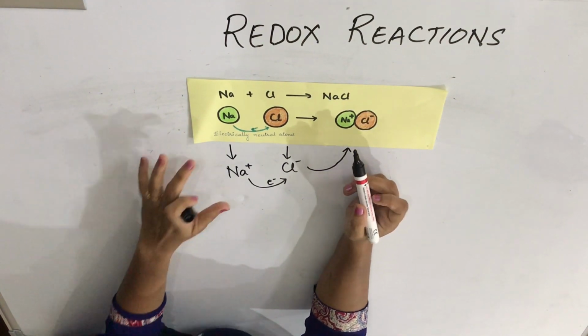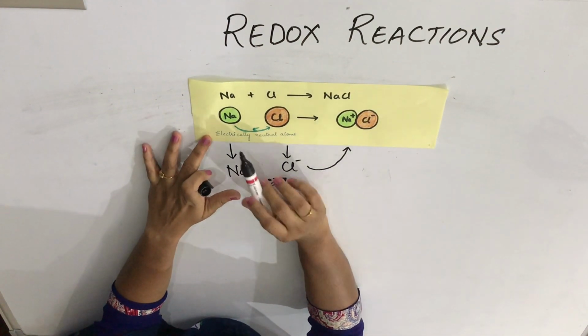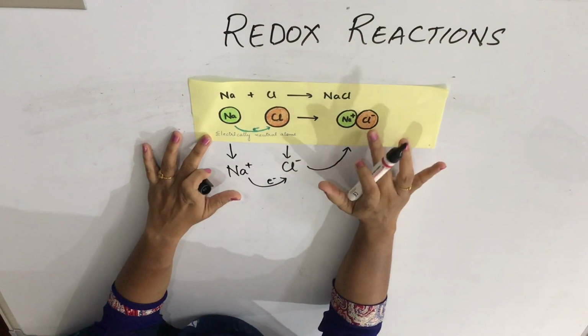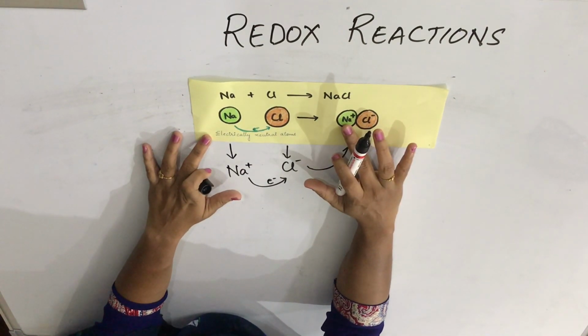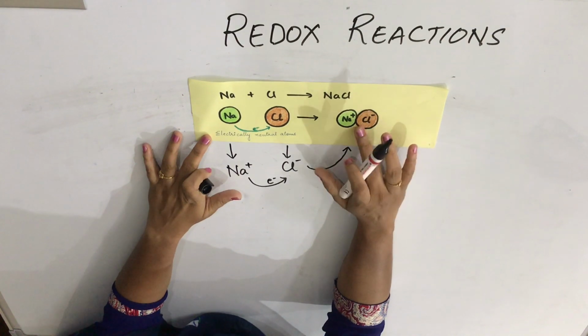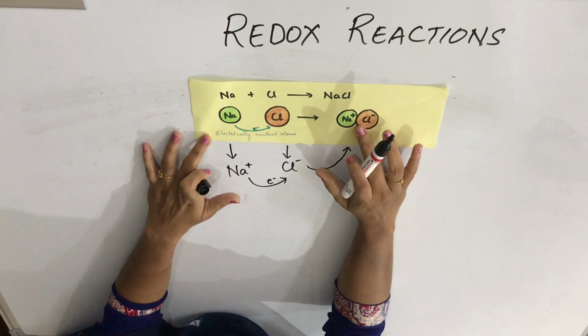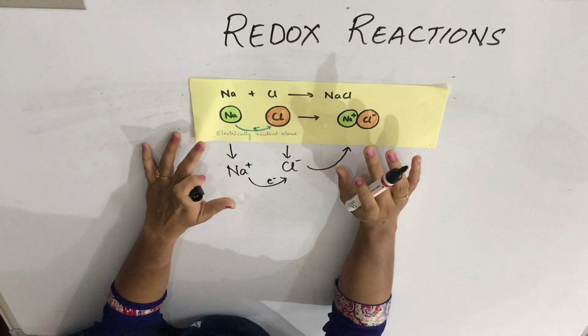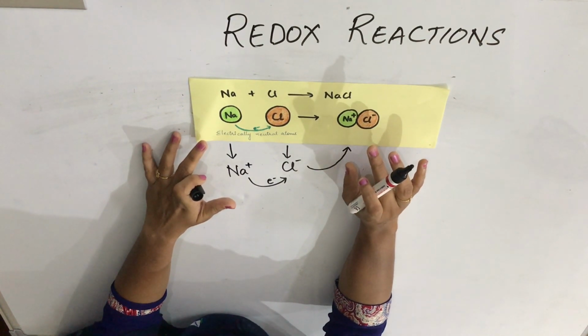Now in this compound, we can see that there is a gain of electron and a loss of electron. So this is an example of a redox reaction. Now how can we tell which one has reduced and which one has oxidized?